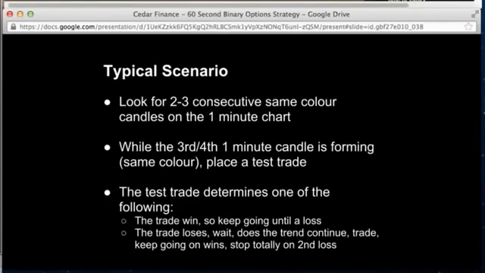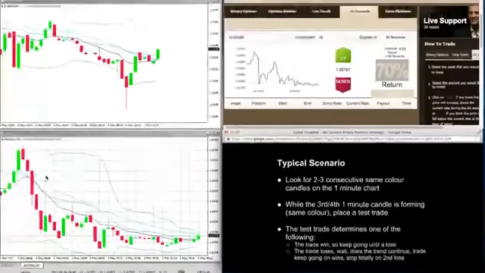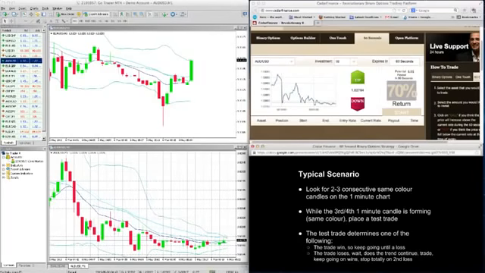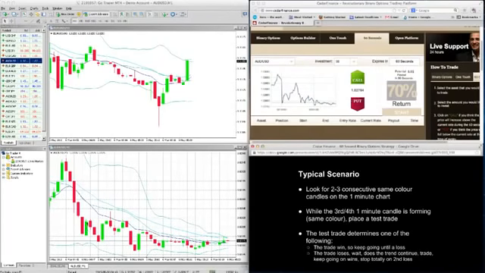So you might be able to get 2 or 3 trades in before you get a loss, so you would have won 75%, which is you're going to win more than you've lost there. If the first trade loses, you might want to just wait. In this particular example here, you might have placed a trade on this 5th candle, and then actually lost because the next candle was green.